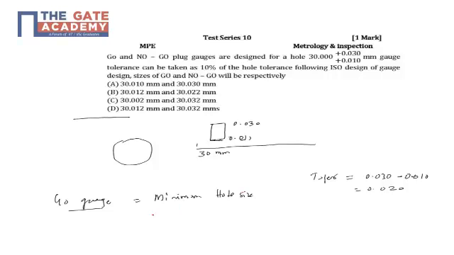So minimum hole size is 30.01. That should be your minimum hole size, but you are asked to say that the gauge tolerance can be 10% of the whole tolerance. That is 10% of 0.020, 1/10th of 0.020.